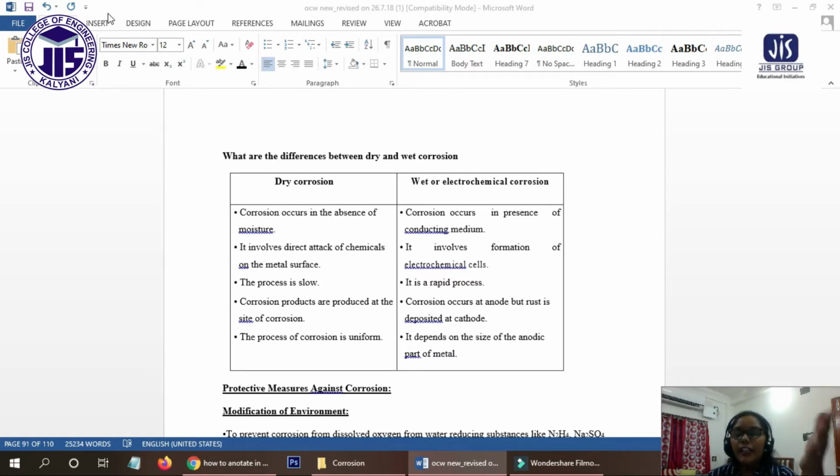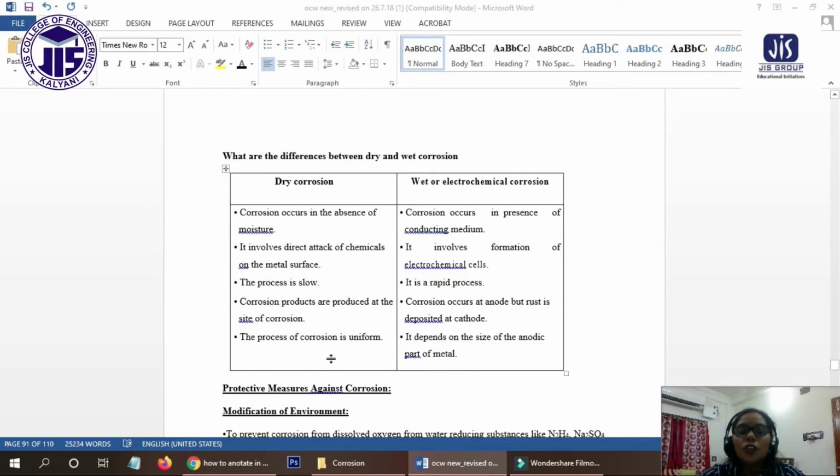Because at the anode we have the oxidation reaction, where the metals release electrons and form the positive metal ion. That is why in wet corrosion, corrosion occurs only at the anode, and the rust is deposited at the cathode.